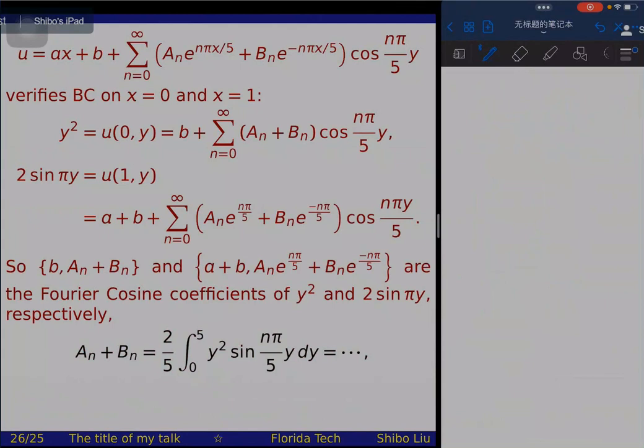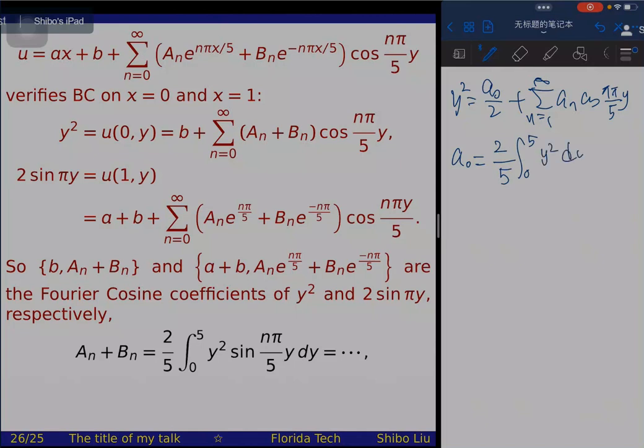What should we have? You see, y squared is half of a0 plus sigma n from 1 to infinity of an cosine n pi y over 5. So a0 is 2 over 5 times the integral from 0 to 5 of y squared dy.